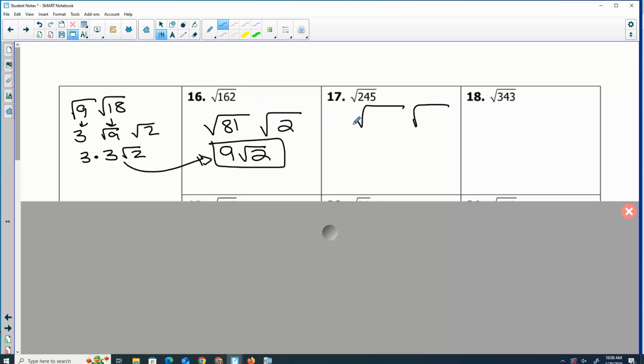We can do 49 times 5. Okay, square root of 49 is 7, and I can't break down the square root of 5, so that just stays. So my answer is 7 square root of 5.